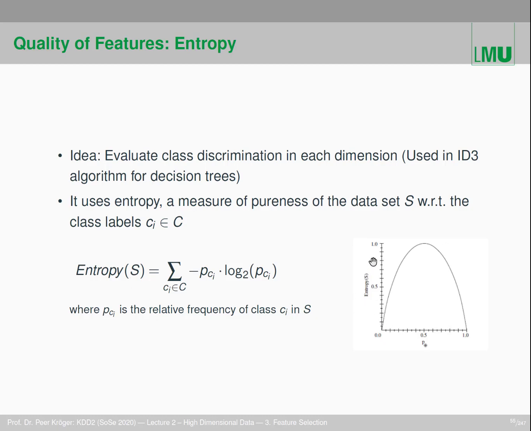So here you see the entropy value plotted with respect to the frequency value, and you see if the frequency of your classes, because you sum up over all classes, if the frequency of all the classes are 0.5, meaning that there is absolutely no pureness, everything is just spread over, you have a 50-50 relationship if you have two classes.